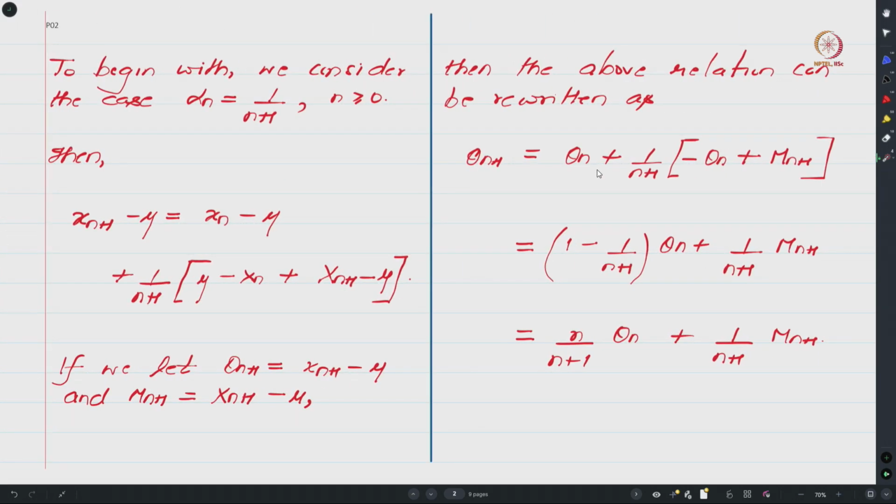To begin with, we will consider the very natural step size choice of alpha_n equals 1 over n+1.